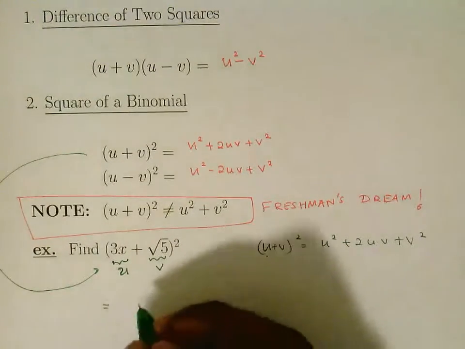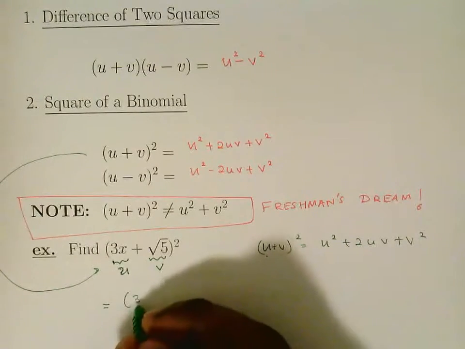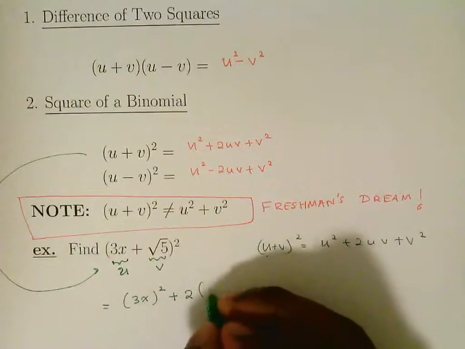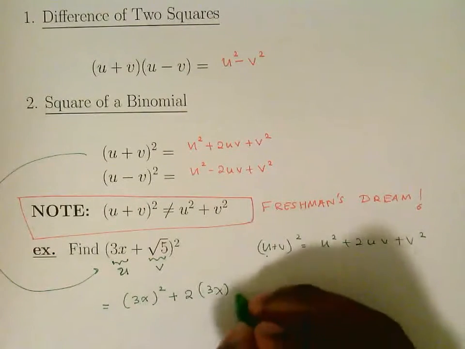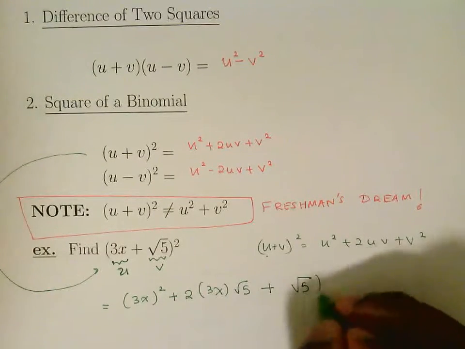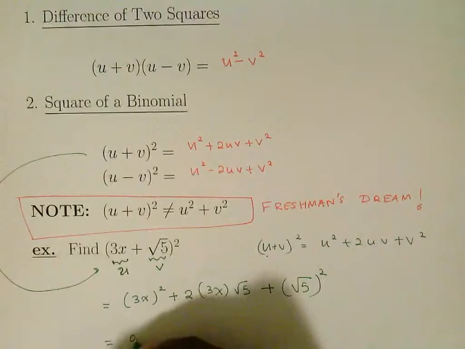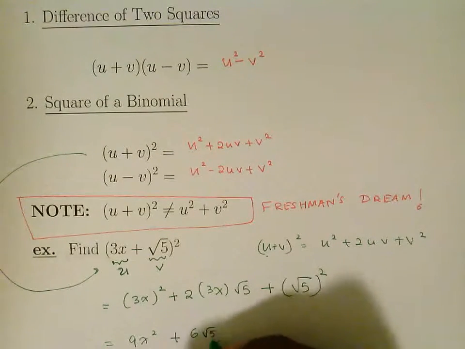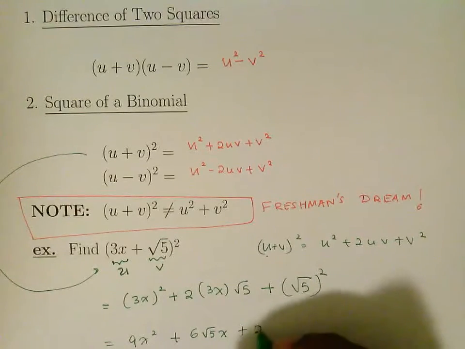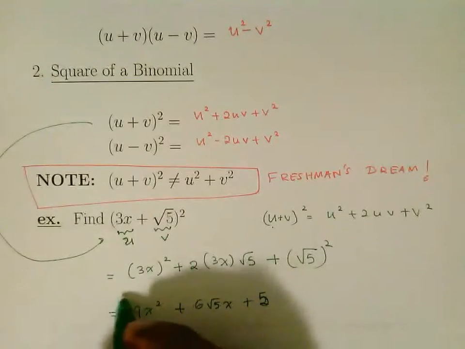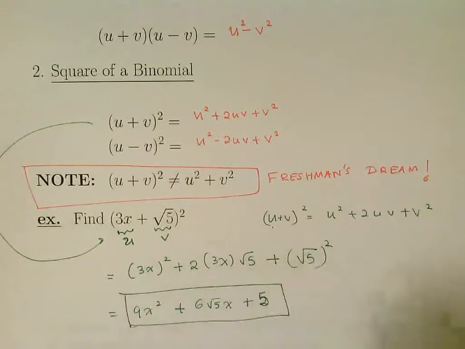So the formula reads u squared, that would be parenthesis squared, plus 2 times u is 3x, v is root 5, and then the last one is root 5 squared. So you end up with 9x squared plus 6 root 5 x plus 5. Square root of 5 squared is 5. That's the end. There's no further simplification, and that is the polynomial you're looking for.